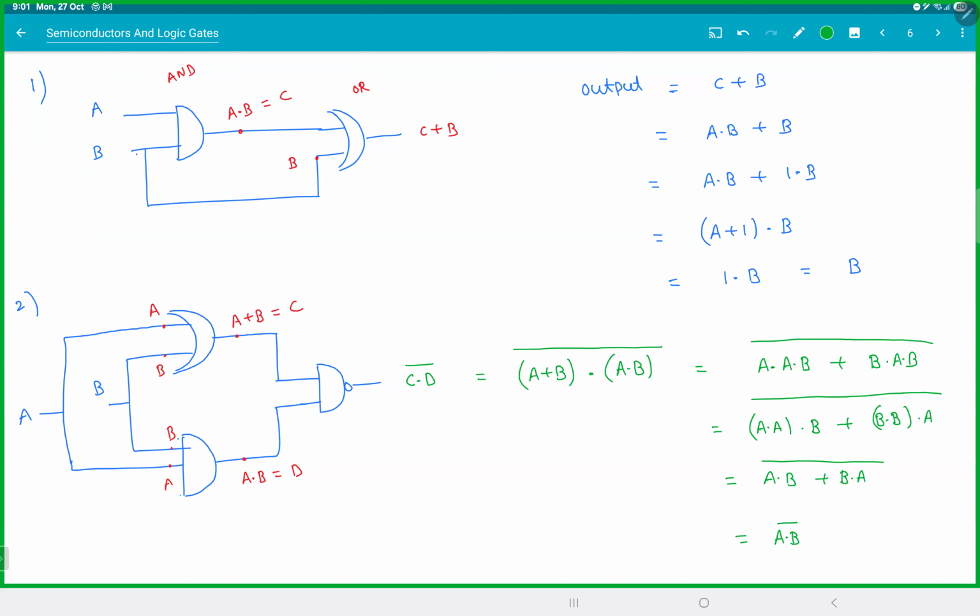What is A dot B? AND gate. What is the bar of this? This is a NAND gate. So this whole thing can be replaced with a NAND gate, and that would be the answer.